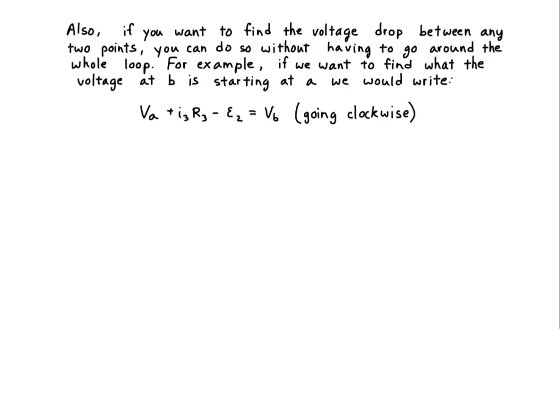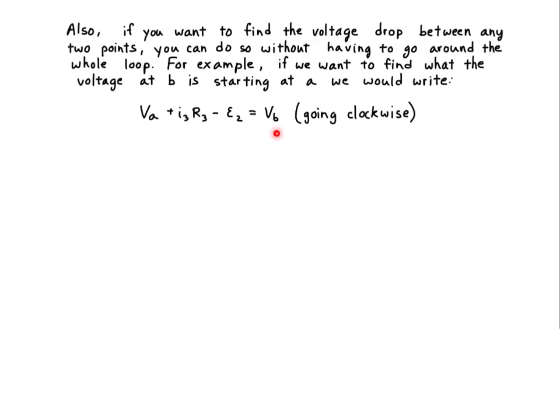Starting at voltage A, VA, as you go clockwise along R3, you get a positive I3R3 drop, and then you go across E2, you get a minus E2, and then you arrive at the voltage at B.